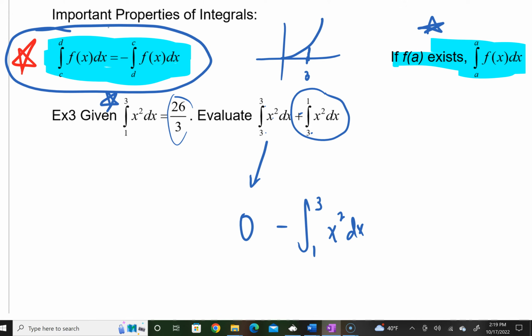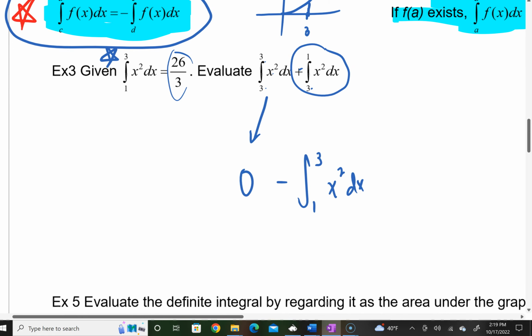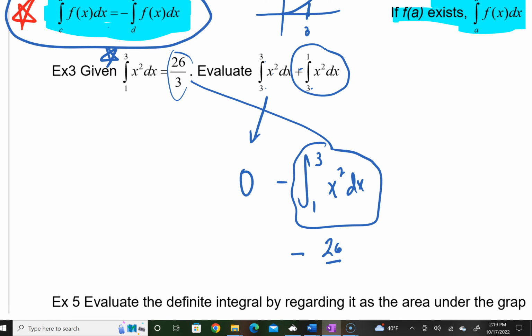You're always able to flip bounds. Even if the bound below is the bigger one, you're always free to change them, just pull a negative out in front. But now what? You could say, well, actually, I know what this thing is. They told me that it's 26/3. That's like a gift. Final answer is -26/3.